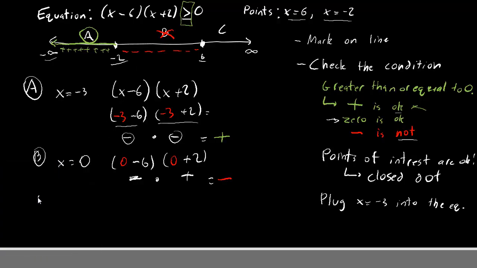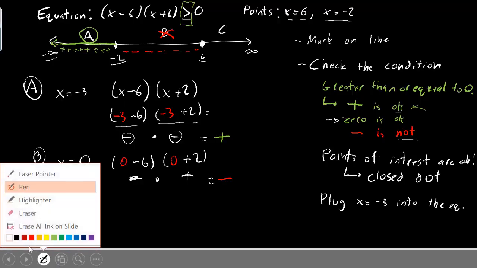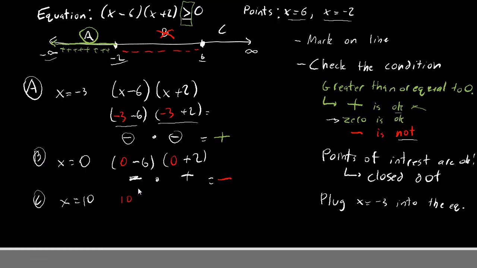Let's continue to region C. Let's pick a number that's in between 6 and infinity. Let's say x equals 10. We're going to plug that 10 into the original equation. So wherever we see x, we will have 10 instead. So our equation becomes 10 minus 6, 10 plus 2.